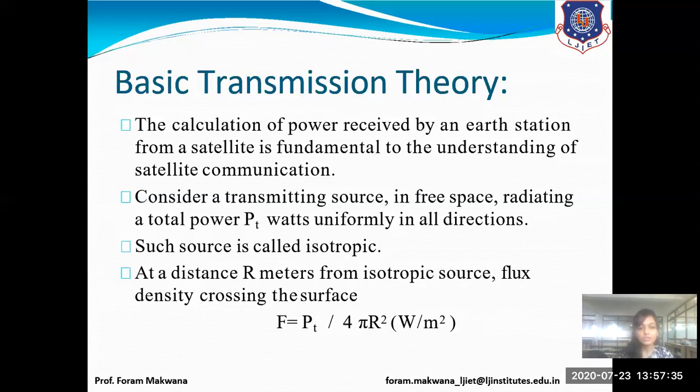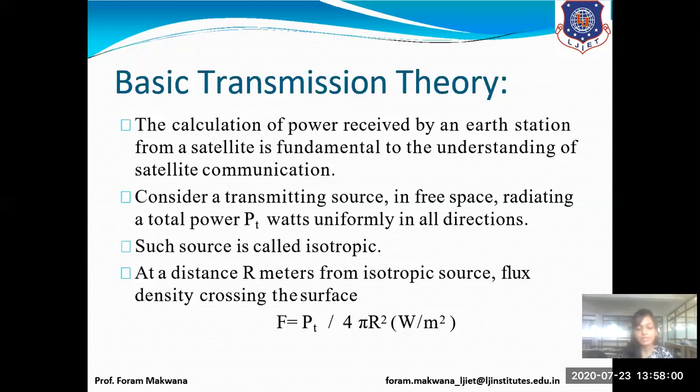Such a source is called isotropic, because isotropic power means what? The power is radiated uniformly in all directions, right? So at a distance r meters from the isotropic source, we are going to calculate the saturation flux density.